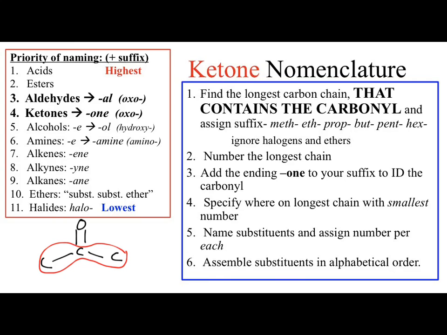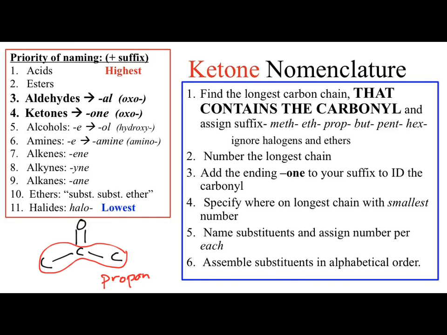We could go through with our longest chain being 3 carbons. 3 carbons gives us what? Prop. Other than the carbonyl, do we have any other functional groups? No, alkanes, so we'll go with propane.